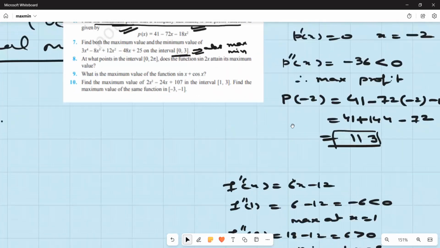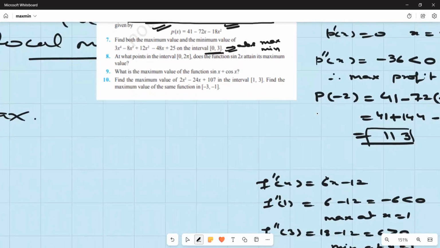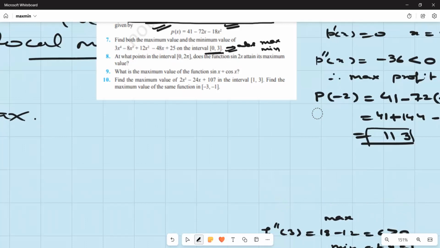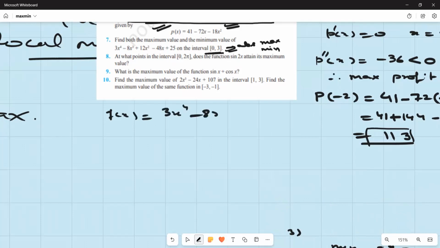Question number 7. Tell me the derivative fast. The function is 3x^4 minus 8x cube plus 12x square minus 48x plus 25.